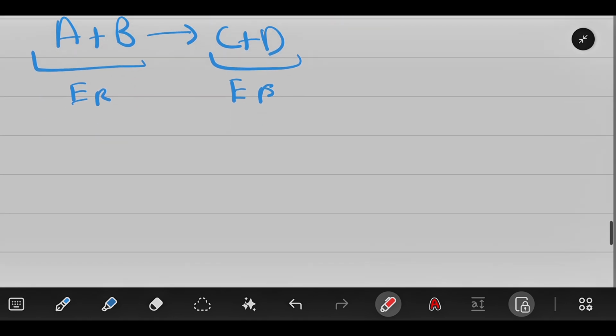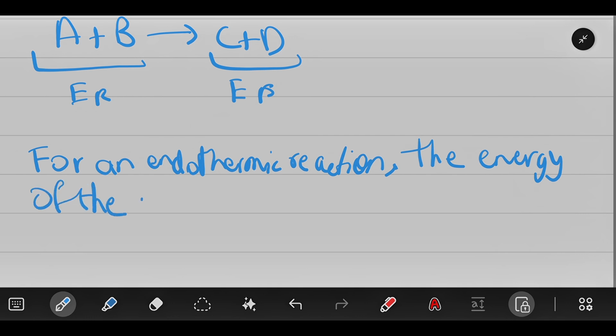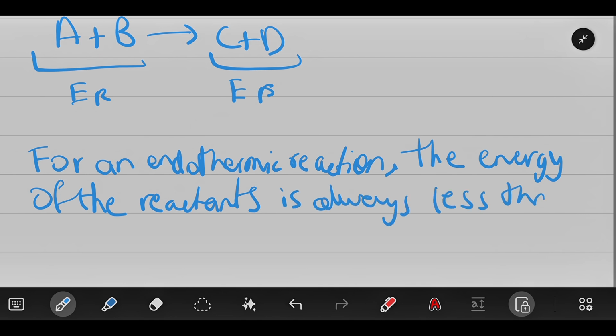So if we pen this down, we can say for an endothermic reaction, the energy of the reactants is always less than the energy of the products.